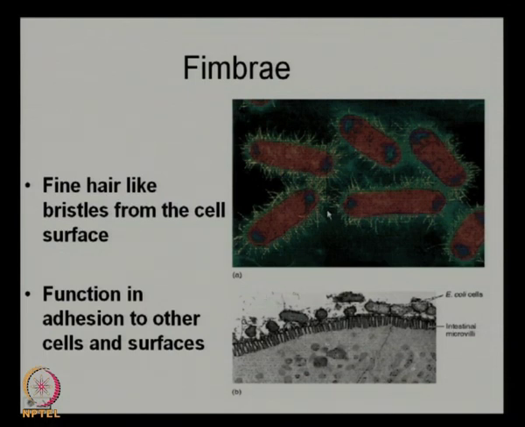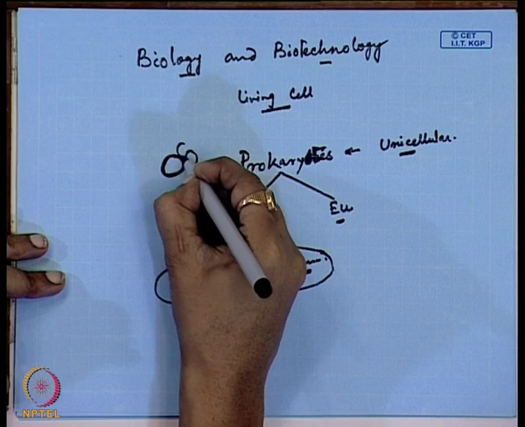Next to this flagella is the fimbriae. Fimbriae is a hair-like structure present uniformly on the outer wall of the bacterial cell, and its main function is adhesion to other cells. That means with this hair-like structure, one cell gets associated with another cell, and in this way they can form a colony-like structure.